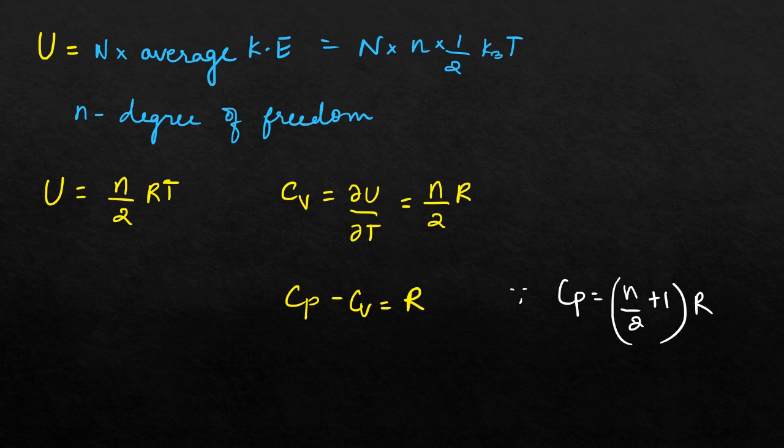Okay, Cv is with respect to constant volume, and Cp is with respect to constant pressure. So Cv is equal to dU by dT, which is given as n by 2 R, and the relation Cp minus Cv is equal to R. An important relation to note, and Cp will follow when you use Cv in this relation.